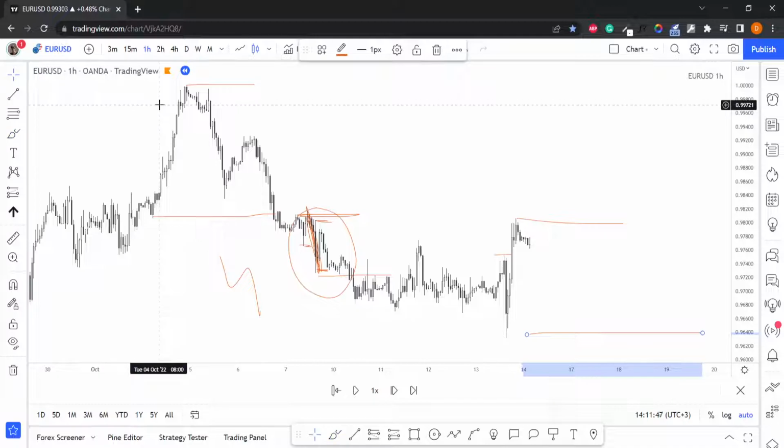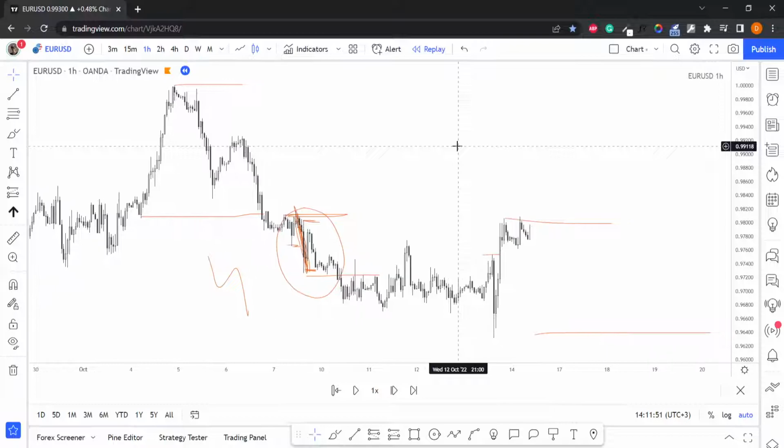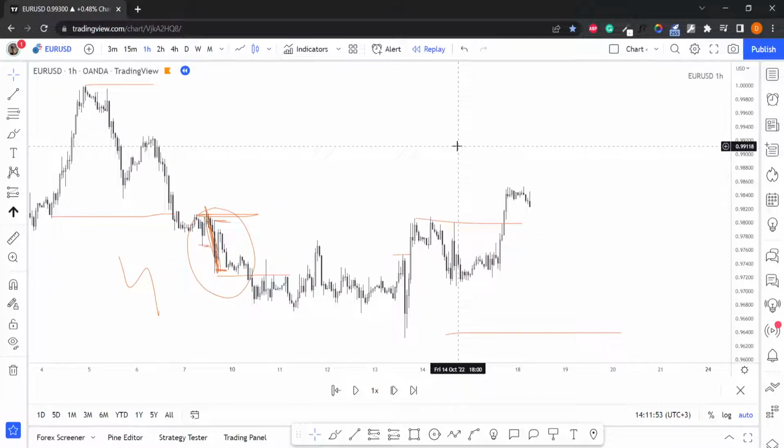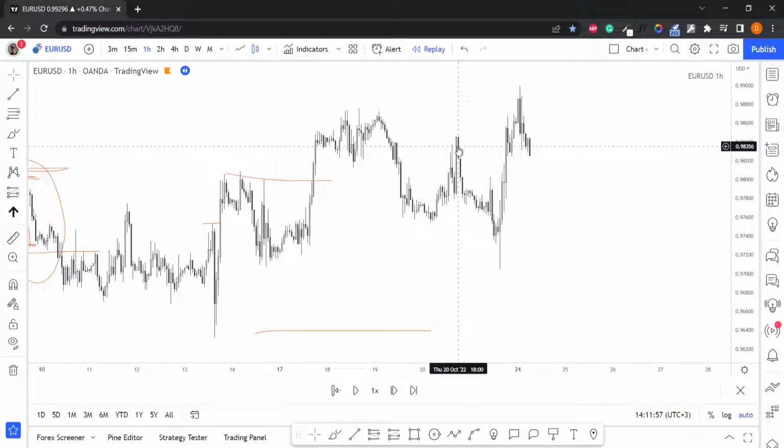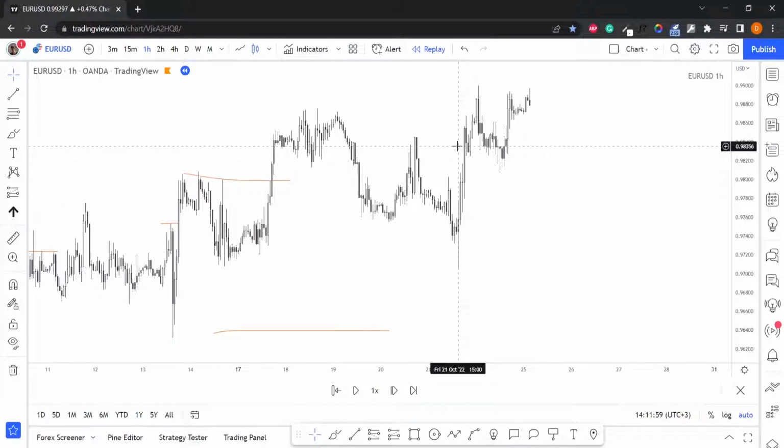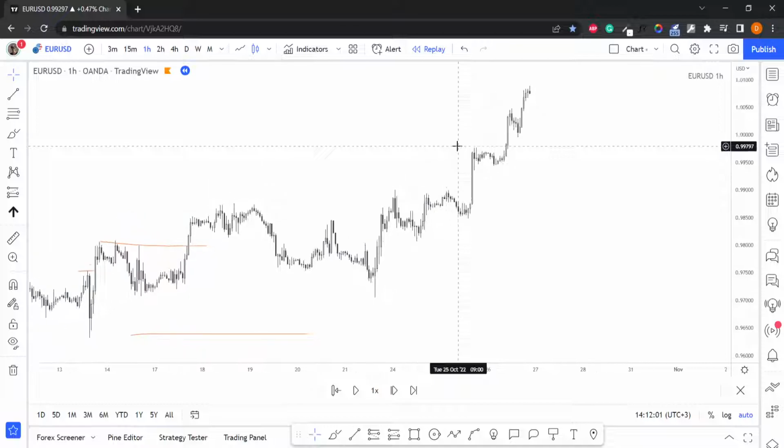I wanted to show you one more example. So again, shifted bullish, again shifted bullish, again and again.